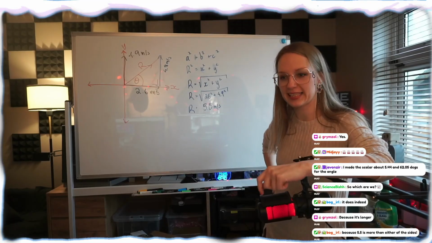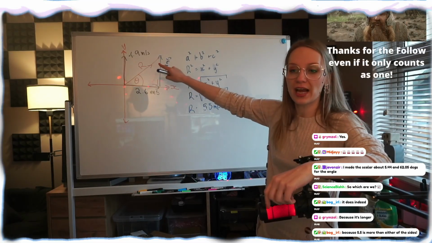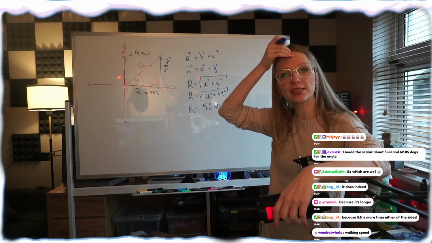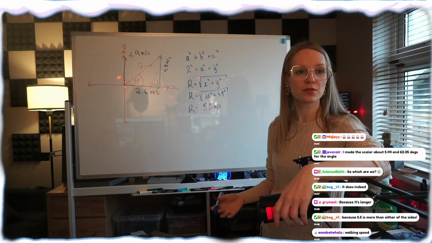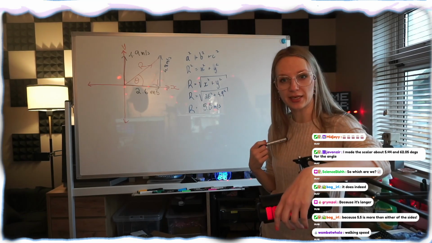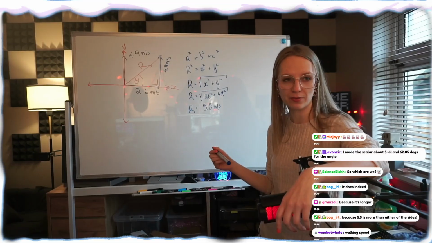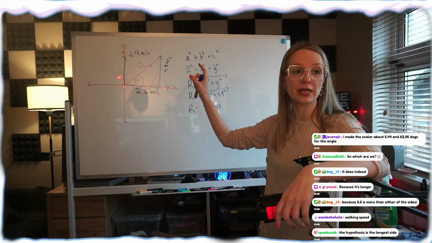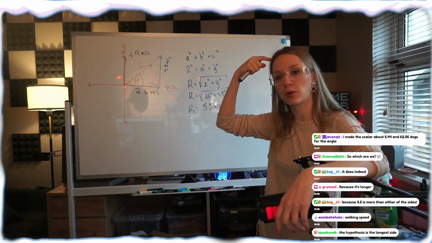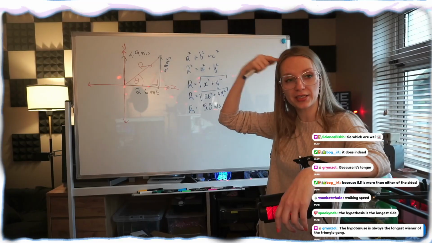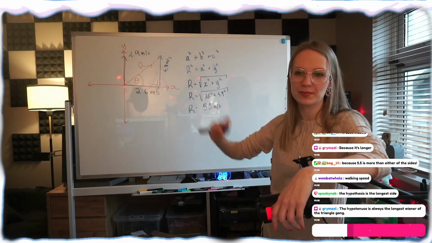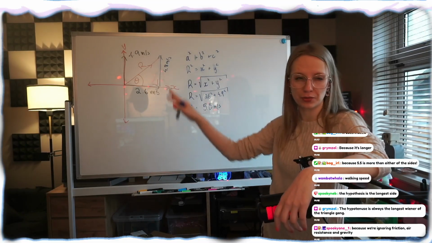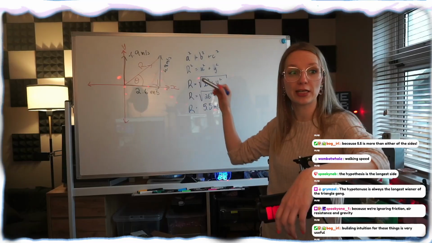Exactly, excellent, because it's longer. 5.5 is bigger than both 2.6 and 4.9. I know it's a small thing, but I always do this with my own students. If you're like me and you're super lazy about double checking your mathematics, a good thing to do is check rough estimates. Do a quick magnitude check in your head. One of the classical things to do, if you're doing a proper physics problem, is quickly look at the units.